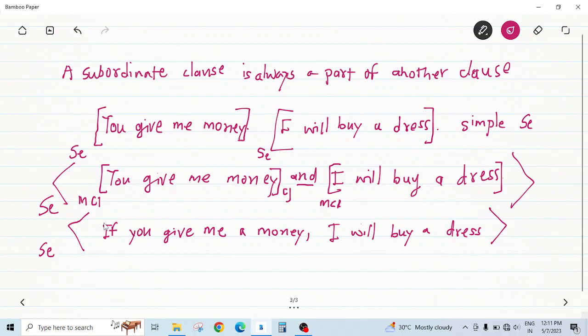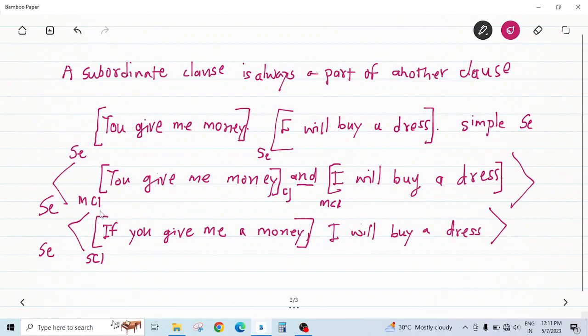In this sentence, from this to this, it is a subordinate clause, SCL.